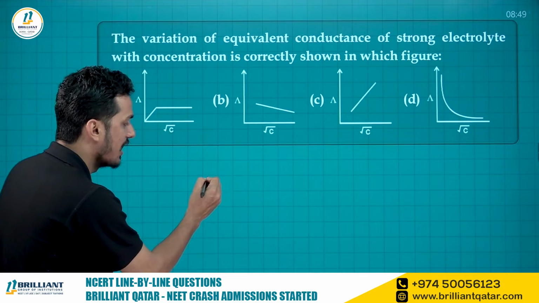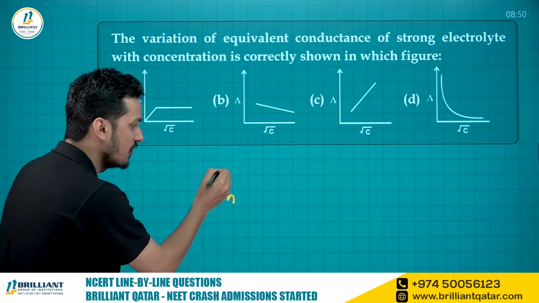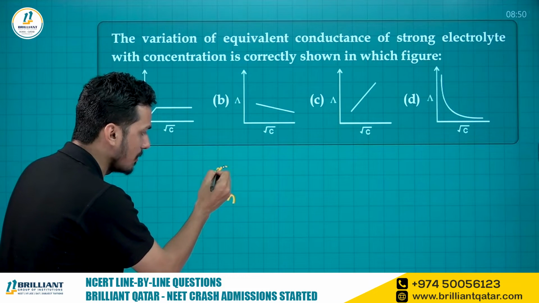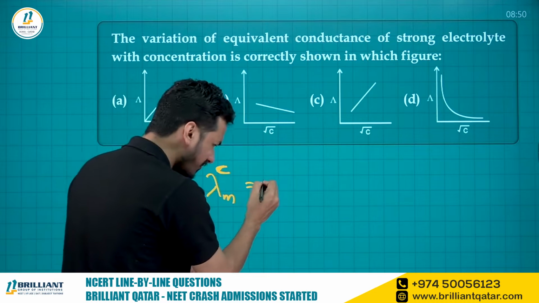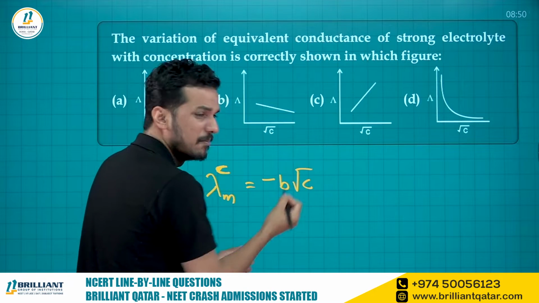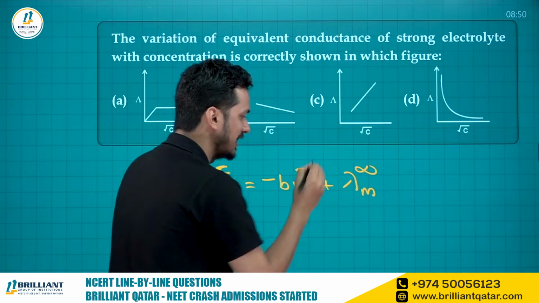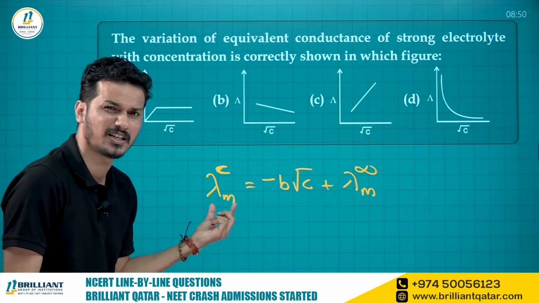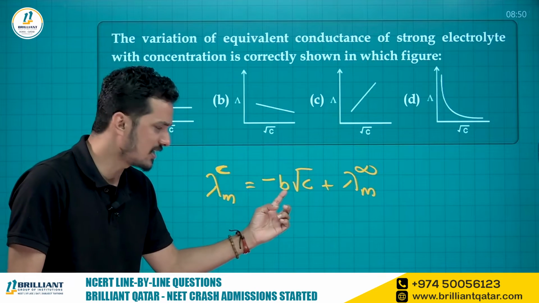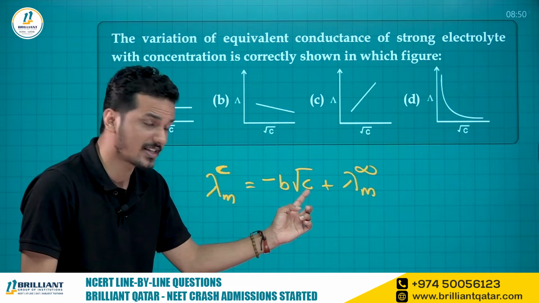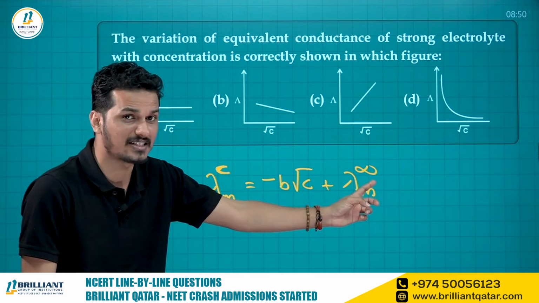You remember the equation: lambda m c equals lambda m infinity minus b root c. This lambda m c means molar conductivity at any concentration c, b is a constant, c is the concentration, and lambda m infinity is the limiting molar conductivity.